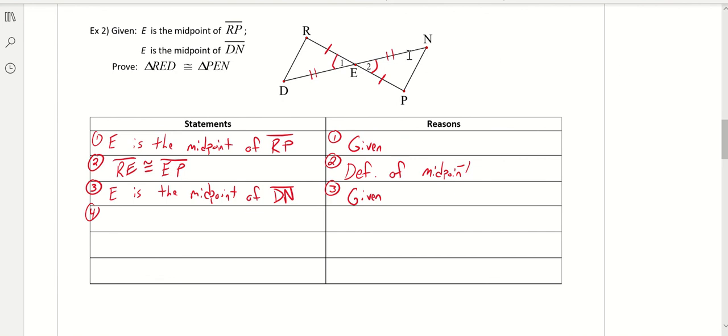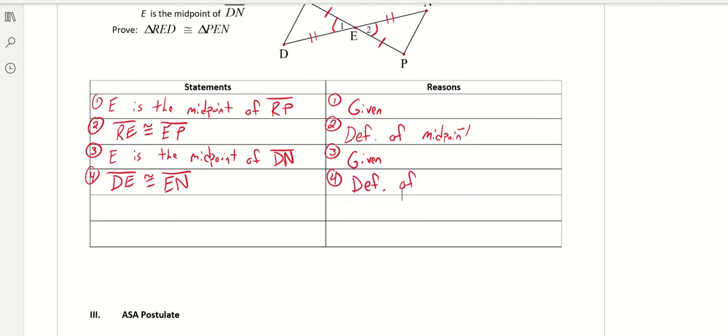Well, if E is the midpoint of DN, we know that DE must be congruent to EN. That's a pretty bad EN. Let me fix that N. Okay. And that is the definition of midpoint.